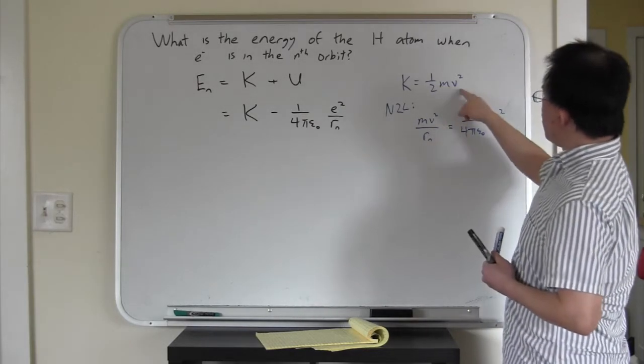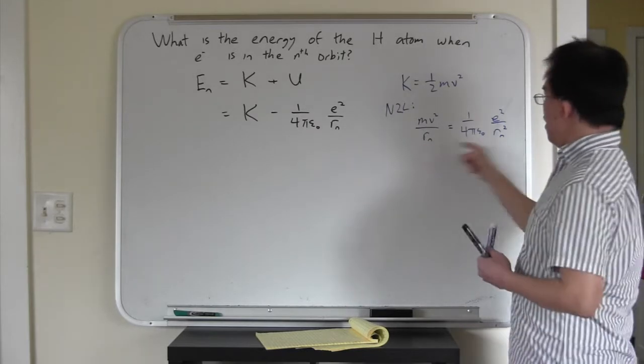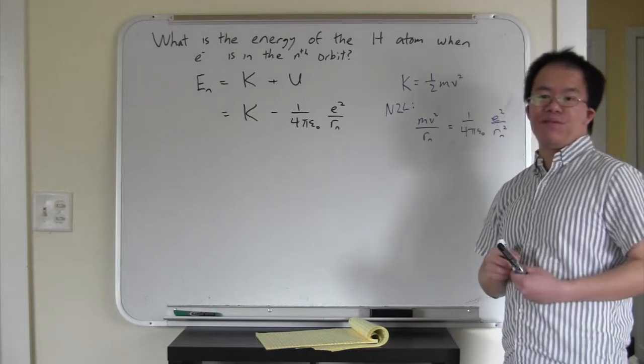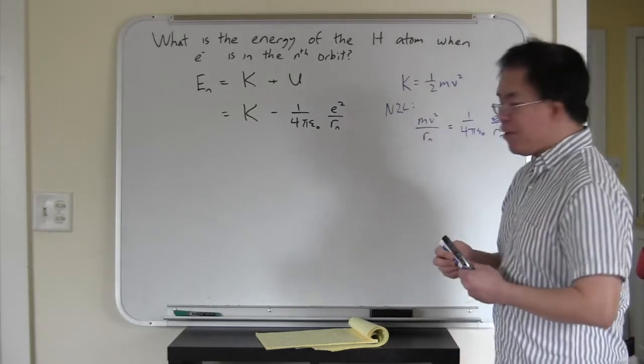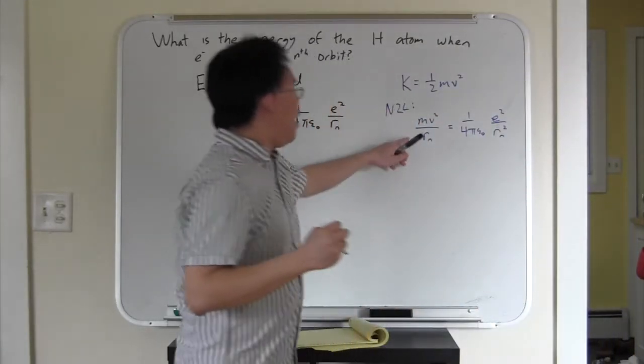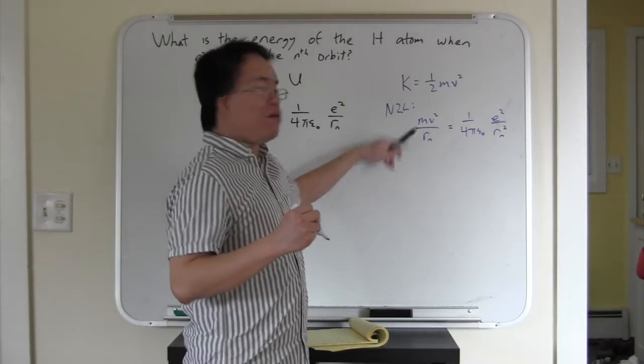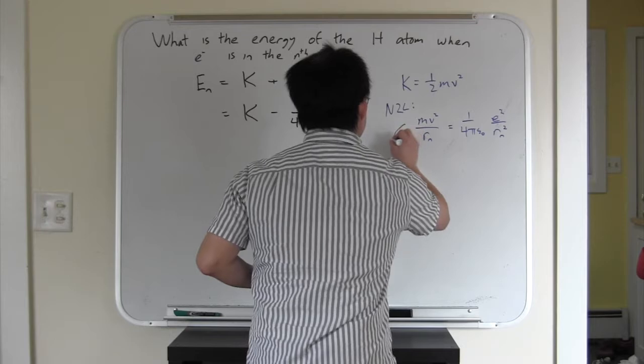Notice that this is close to 1/2 mv squared. If I just multiply both sides of this by r sub n over 2, I cancel this r sub n and multiply by 1/2.